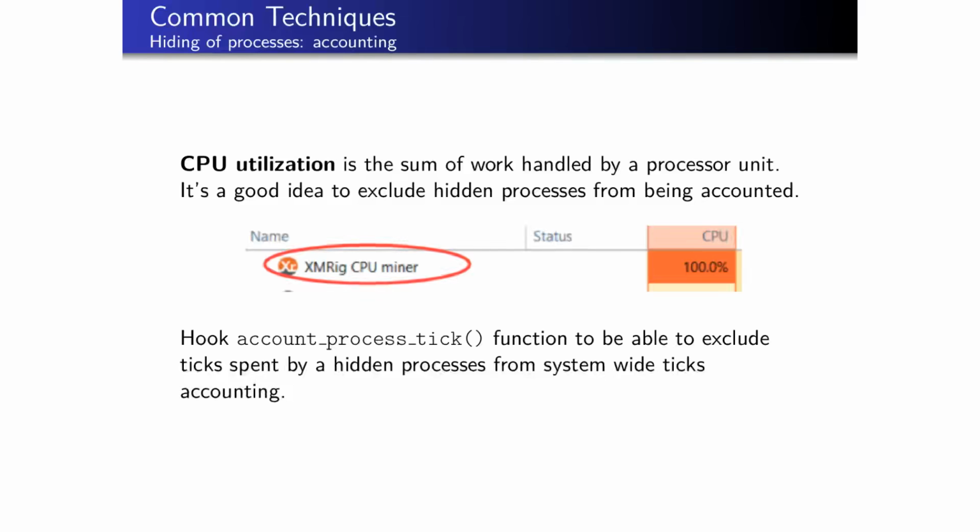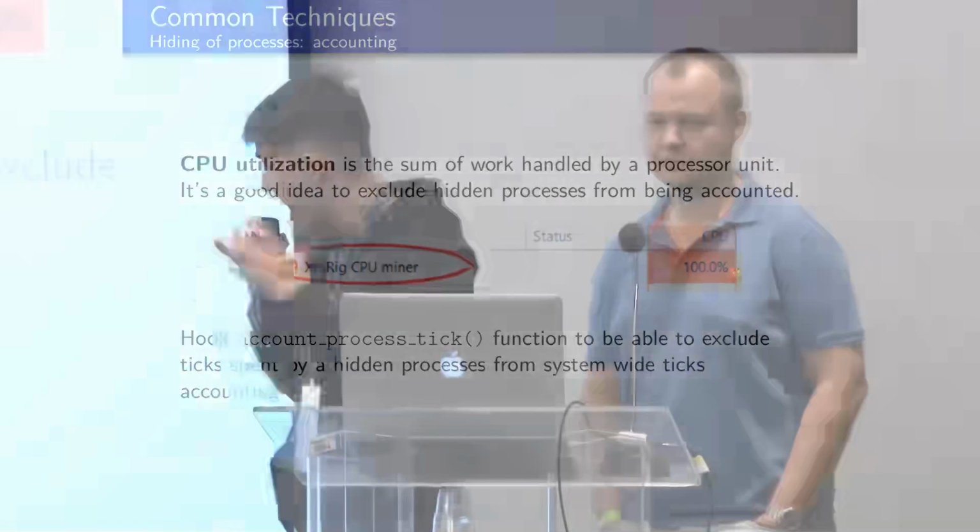So if you run a process in your system stealthily, you have to hide the process, but you have to hide what these processes are doing too. When you have a miner, this miner will consume your CPU, right? And you have to hide that. So if you just hook this kernel function, account process tick, you can hide the CPU usage.